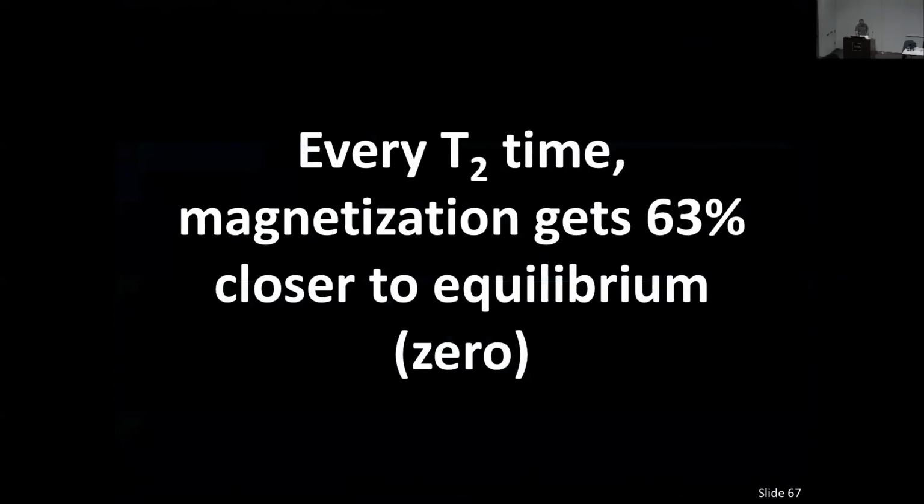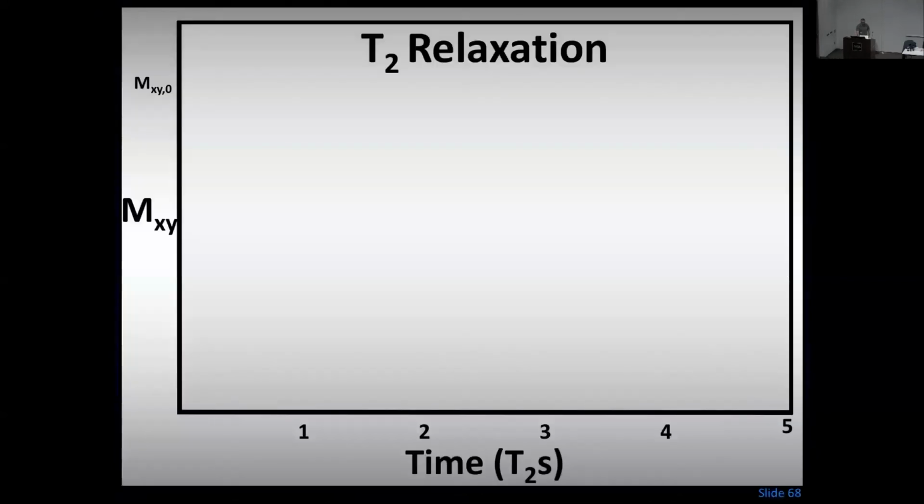So let's look at it like this. Again, for T2 relaxation, we're going to be plotting the amplitude of MXY as a function of time, where time is represented by time constants: 1, 2, 3, 4. We're going to start over here at MXY0, or M0.